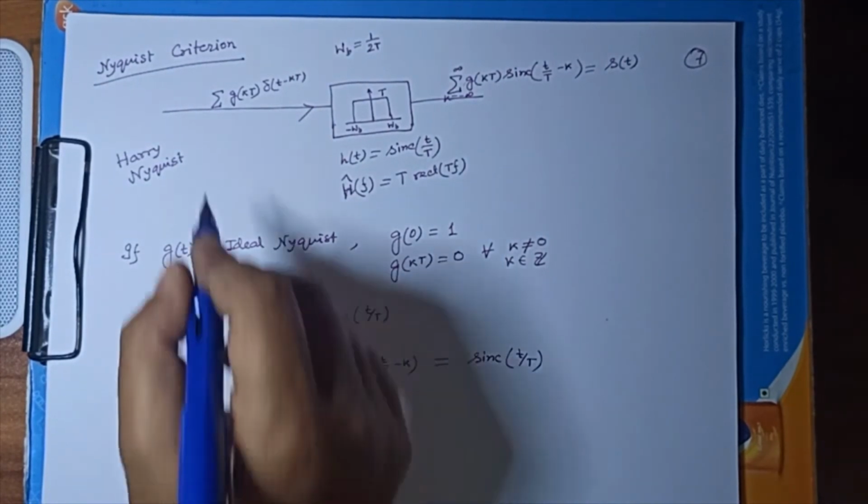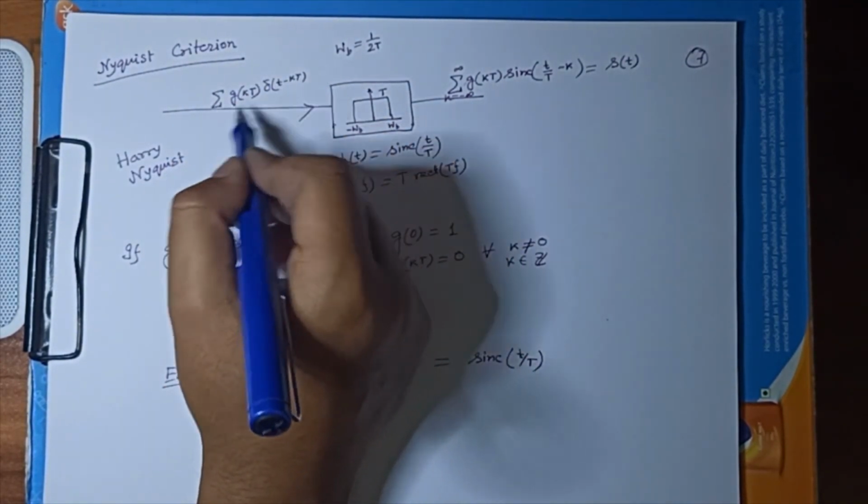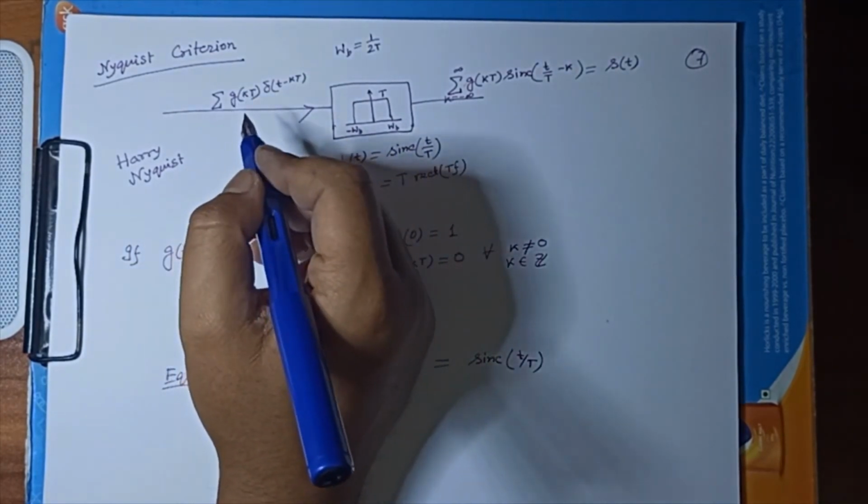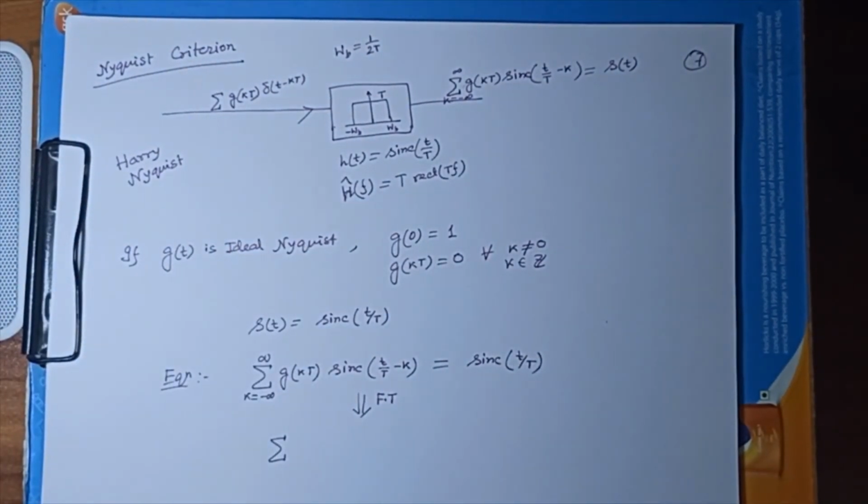So this is the impulse train. What is the spectrum of that? It is basically the spectrum of g(t), that is G hat(f), and that is replicated at the interval of 1 by T, isn't it?